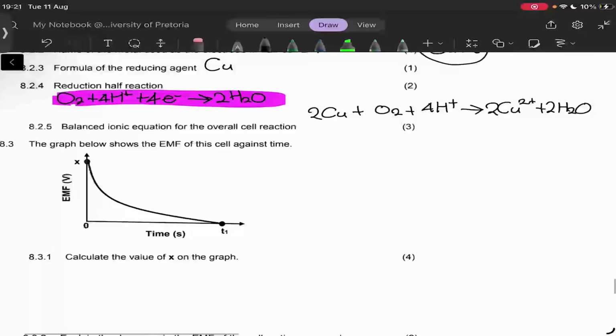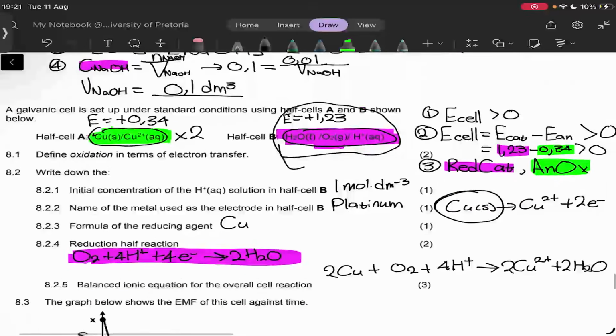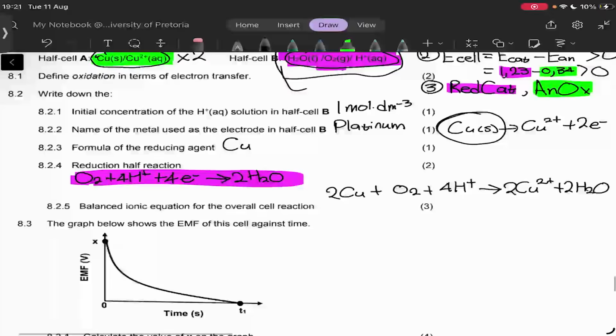To the person asking the question, we don't include platinum for the ionic equation for the overall cell reaction. Platinum does not react. You would include platinum in the cell notation, though. They didn't ask us for the cell notation for this question. Cool.